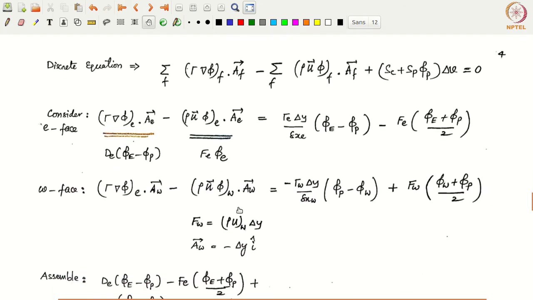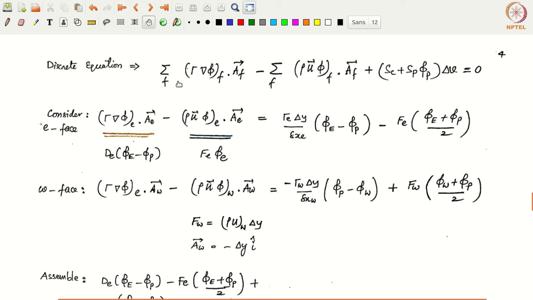So coming to the discrete equation, the total discrete equation would read as, bringing the convection term to the right hand side. Earlier this was on the left hand side; now I brought this to the right hand side with a minus.